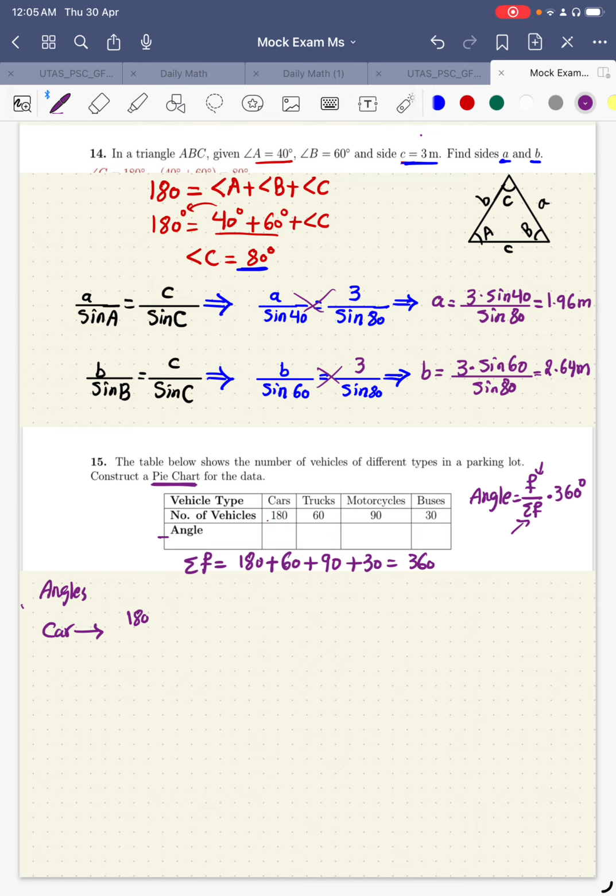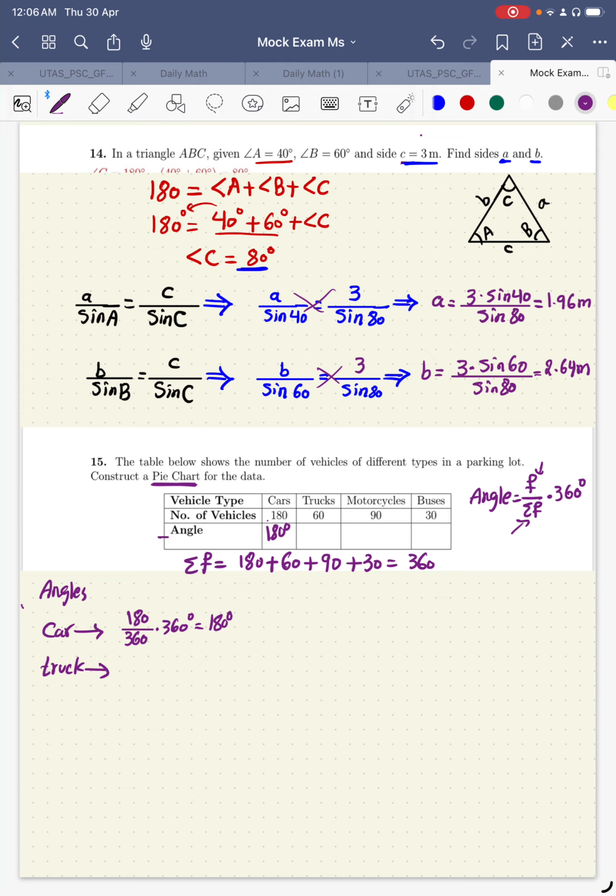It will be 180 divided by the summation of f, the total number of frequencies, times 360. For the car, the frequency was 180, so we have 180 divided by the total frequency 360, times 360 degrees, which is going to give me 180 degrees. So I'm going to write it here, 180 degrees. Then I'm going to do the same for truck.